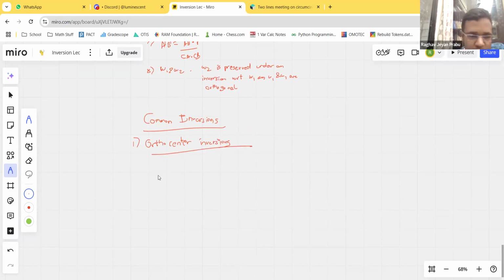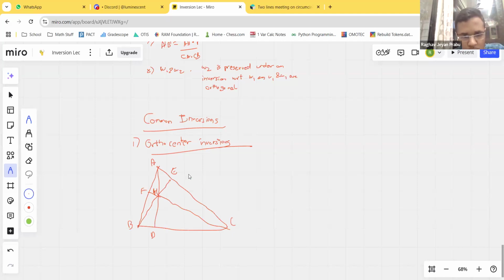So mainly there are two inversions here. If you have a triangle ABC, and I drop the perpendiculars D, E, F, and H is the orthocenter, there are two common inversions that you can do with this.